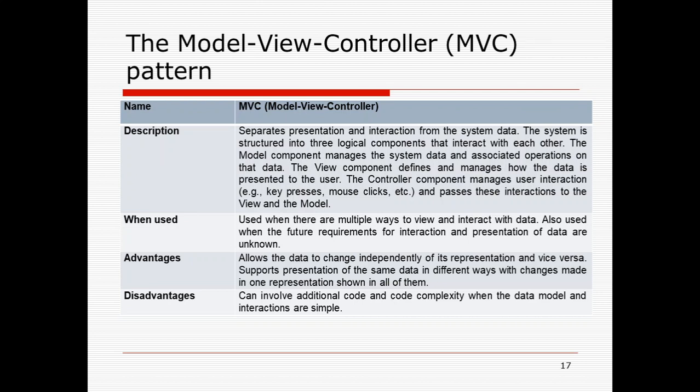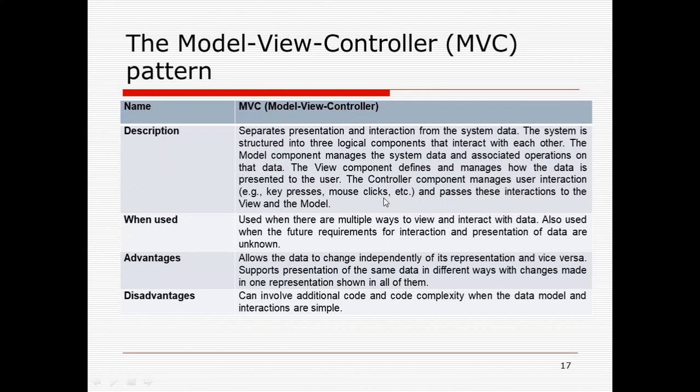When there is a data processing task, the system data is managed by the model component, along with the operations that work on the data. Similarly, the view component defines and manages how data is presented to the users, that is, the way it is shown on the screen. And the controller component manages the user interaction.